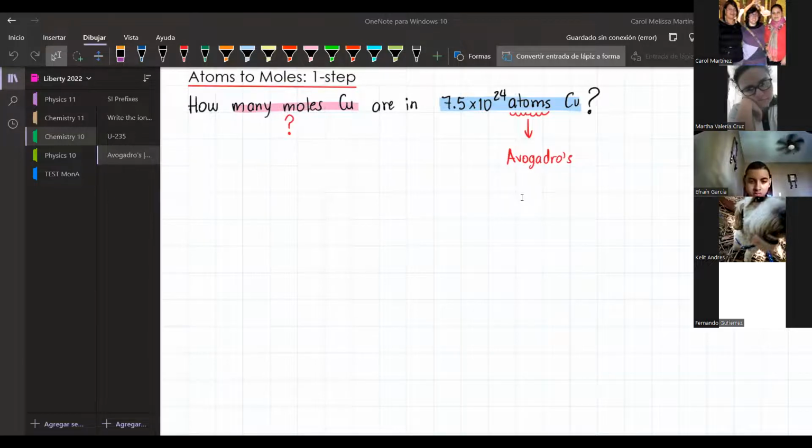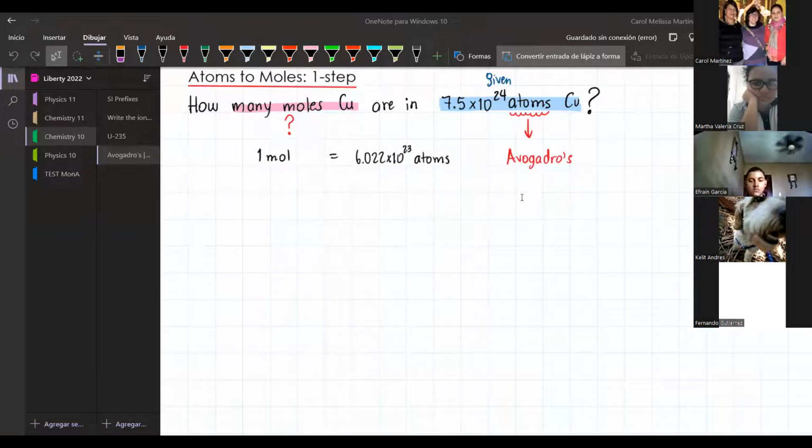So we always start with the given. The given is in blue, and the unknown is in red. You're always going to see me using those two colors. We start with the given, and because we're using Avogadro's number, we use the conversion factor that in 1 mole of whatever element, you have 6.022 times 10 to the 23rd power atoms of the same element.